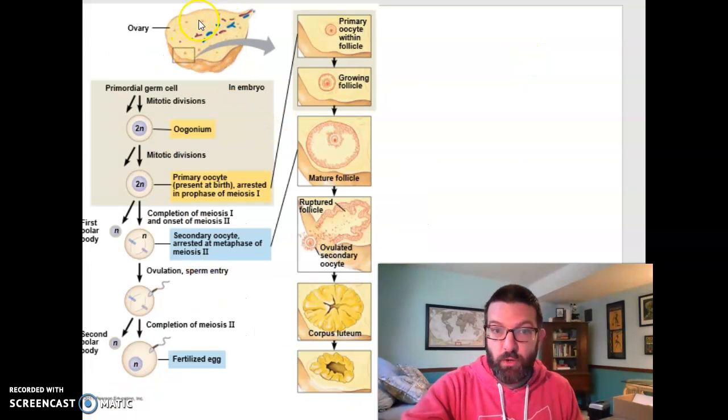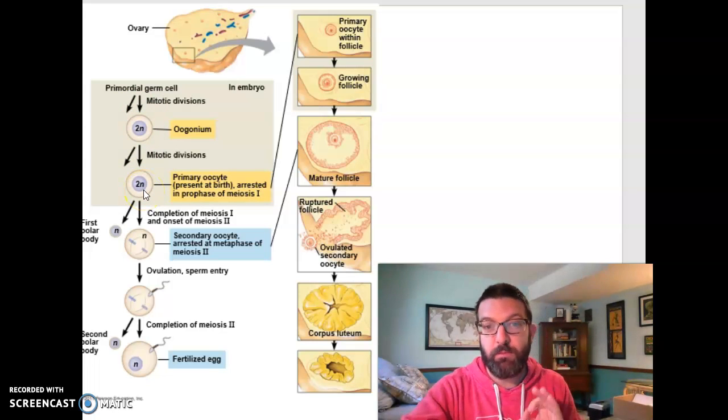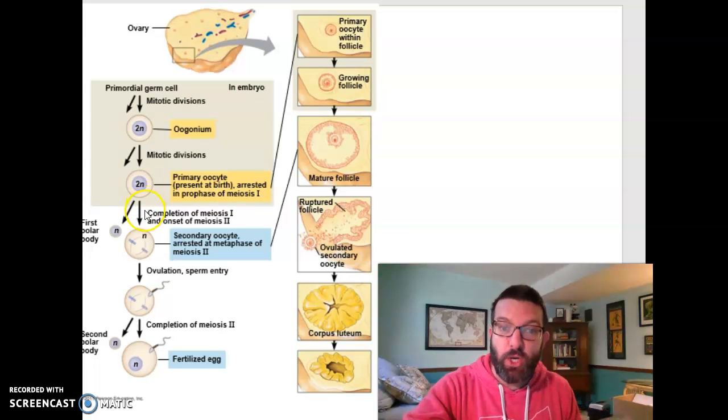Oogenesis occurs in the ovary, and you start with an oogonium, which, like a spermatogonium, is a stem cell, and it will undergo mitosis and make 2 identical daughter cells, as you do in mitosis. One will remain an oogonium, the other one will be a primary oocyte. And just like a primary spermatocyte, that primary oocyte will undergo meiosis.